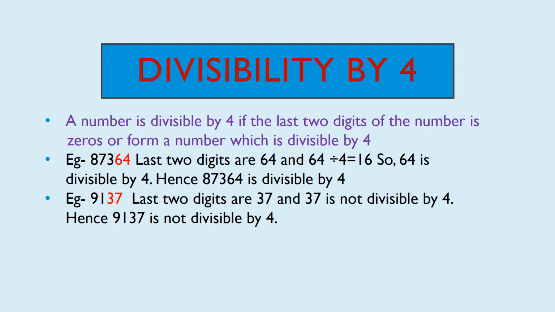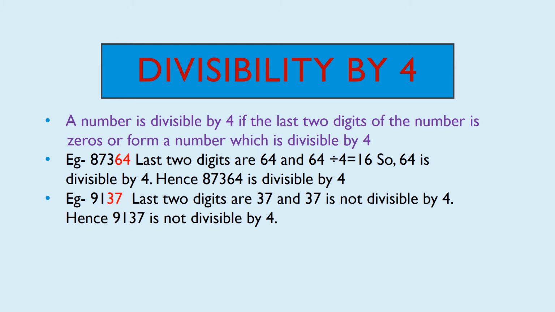Is 64 divisible by 4? Yes. 64 on dividing by 4 gives the quotient 16 and the remainder is 0. So it is completely divisible. So 64 is divisible by 4, hence 87,364 is also divisible by 4.